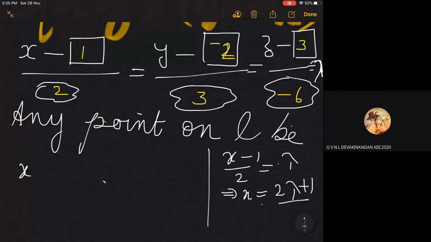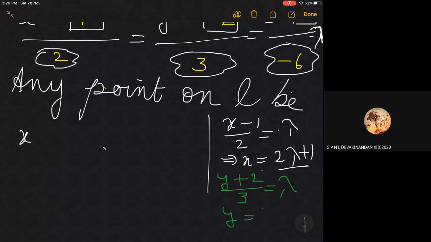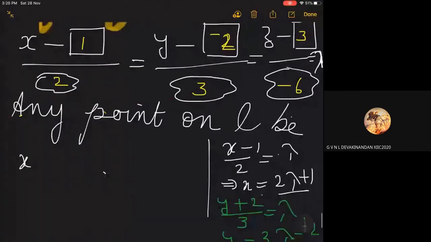Similarly, y plus 2 by 3 equal to lambda. From there, on cross multiplication and transferring the terms, you will get y equal to 3 lambda minus 2. Similarly z also you get.